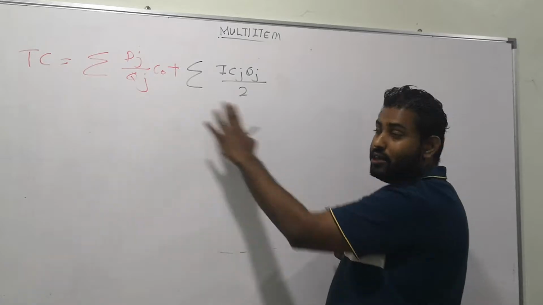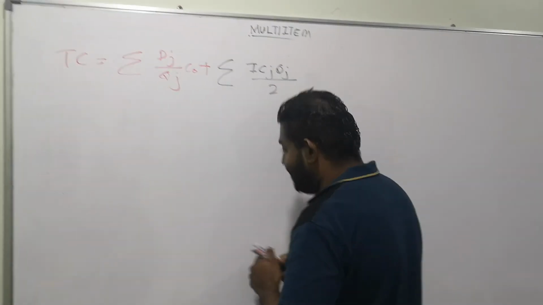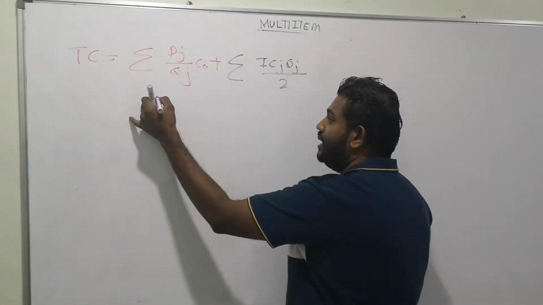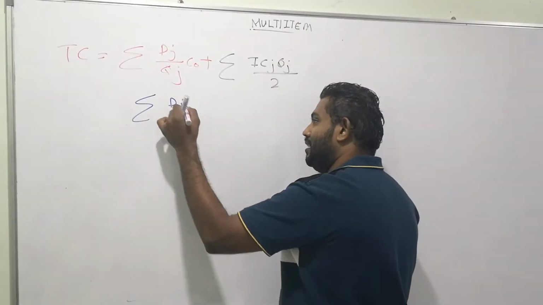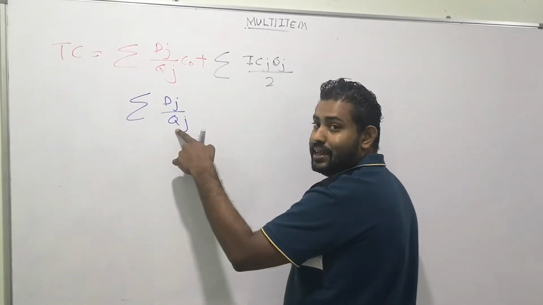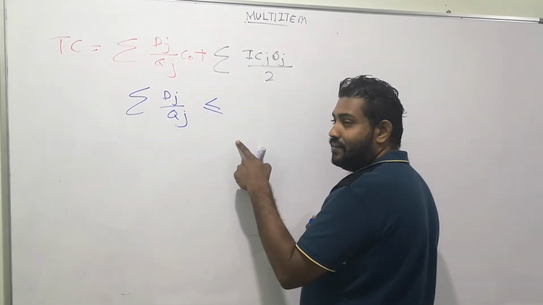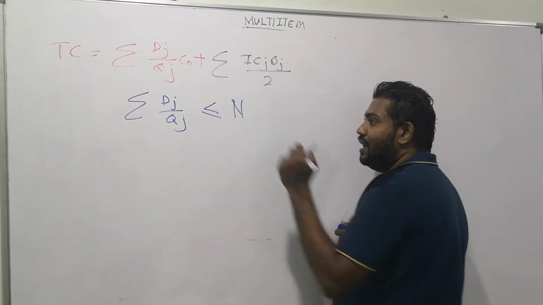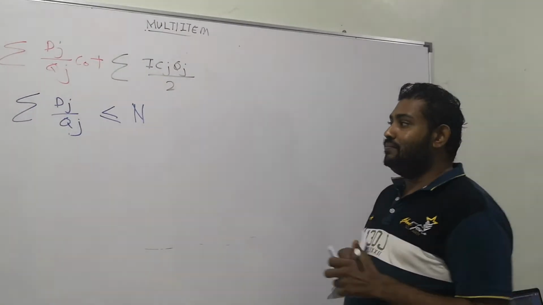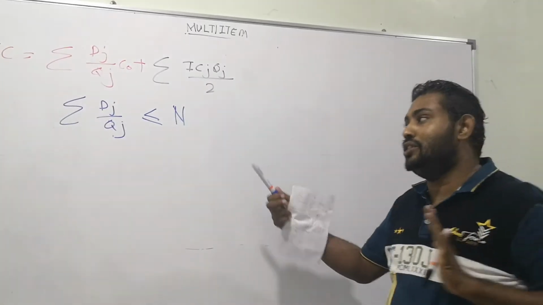This is our total cost formula. Now let's say we have a constraint or restriction on the summation of dj over qj. This is the number of orders, and now we have an inequality constraint of n. It means our number of orders for each item will be reduced by a certain restriction of n.